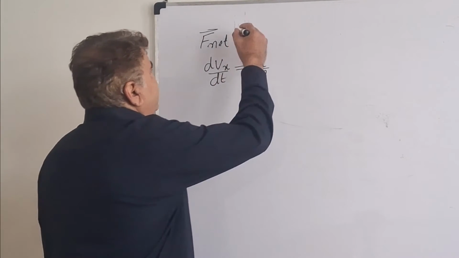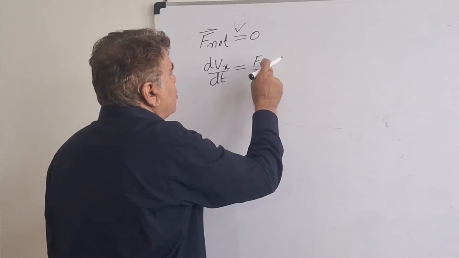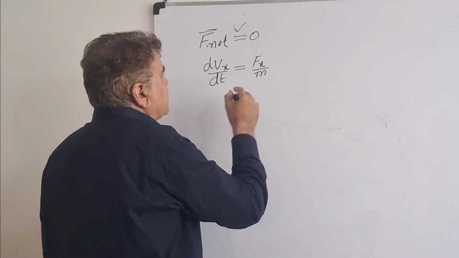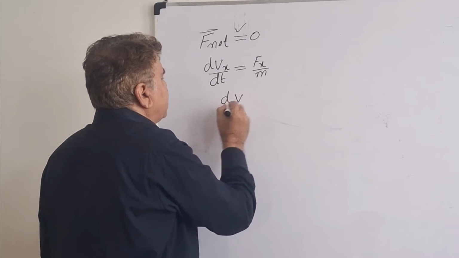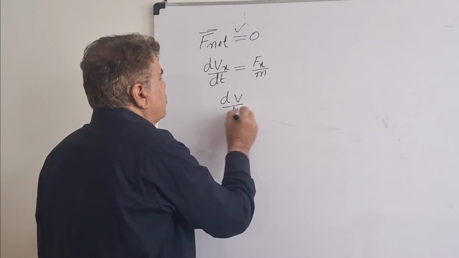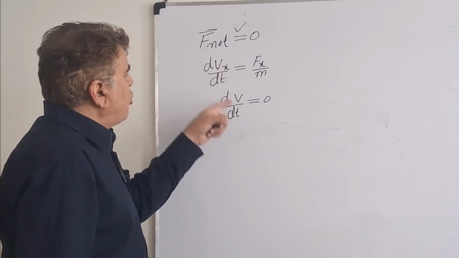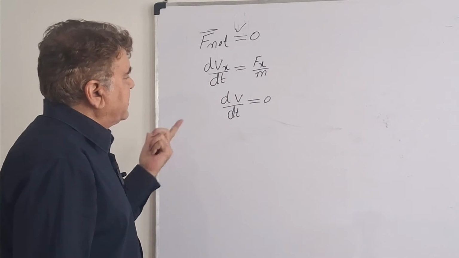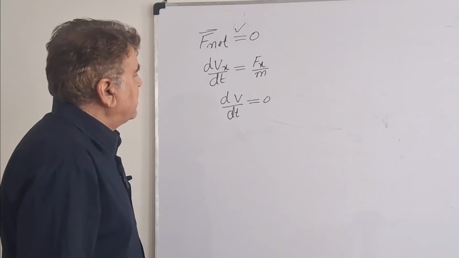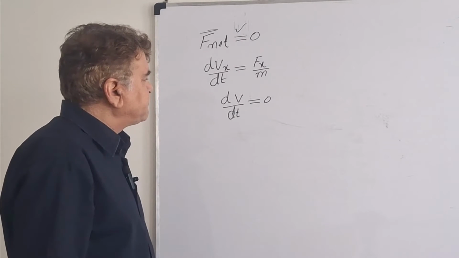Using the condition that the net force acting on the particle is zero, this side of the equation reduces to zero, and I can write dv over dt equals 0. Note that I have dropped the subscript x. However, I'm not putting the vector notation, which means I'm dealing with the one-dimensional case.